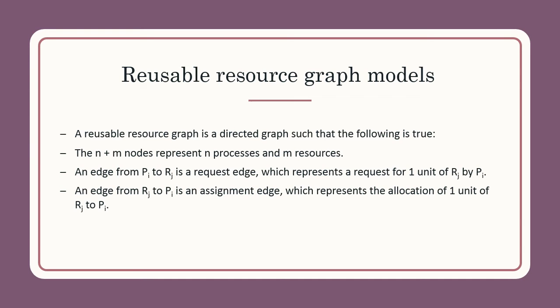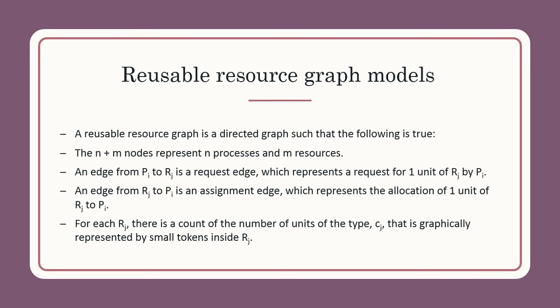An edge from Rj to Pi is an assignment edge, which represents the allocation of 1 unit of Rj to Pi. For each Rj, there is a count of the number of units of the type Cj that is graphically represented by small tokens inside Rj.